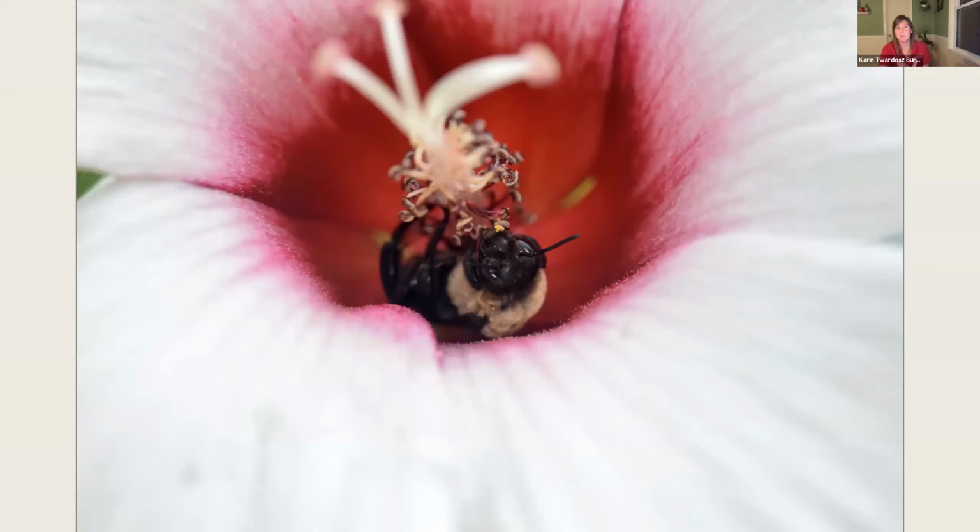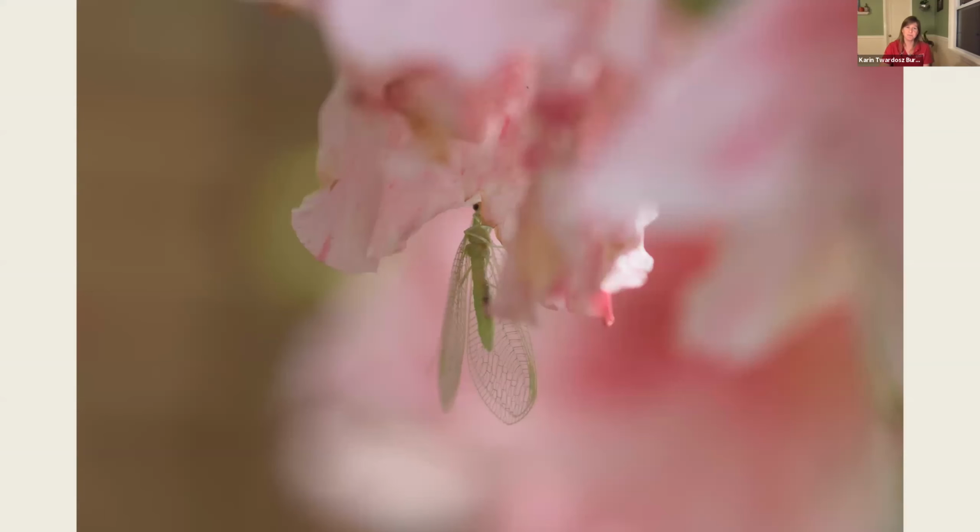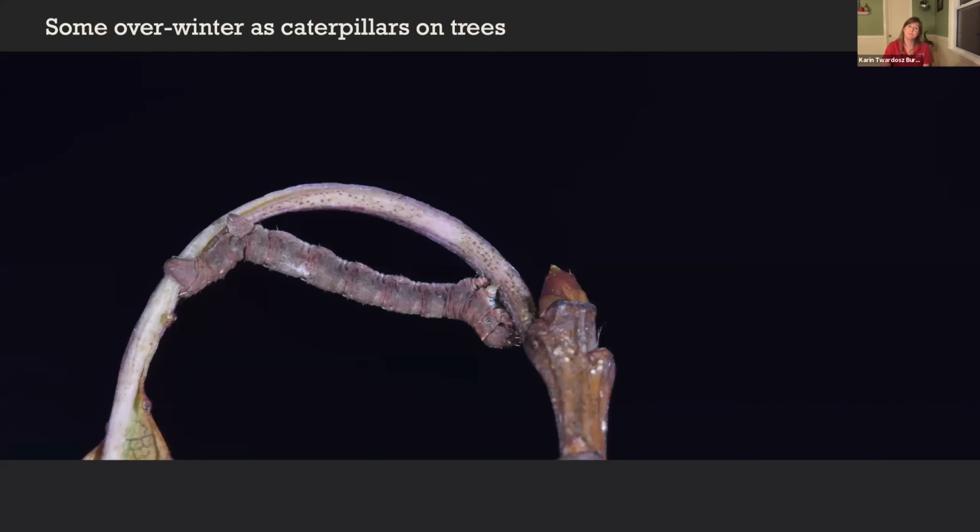This is a hibiscus bee and a rose mallow plant. The male hangs out in the flowers and guards it, waiting for a mate to come. So these guys definitely need this particular hibiscus host plant. Predators often, like this chrysopid, also need to feed on nectar and pollen for energy, even as adults. And one of the major things these guys need are places to overwinter.